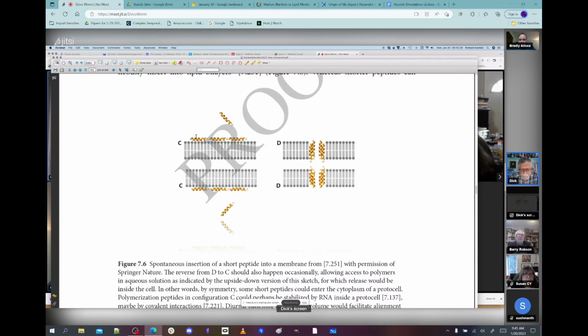And this could be made more complicated. If we actually knew the distribution of molecules, you could also say, okay, how do you make a membrane with a bunch of amphiphiles that are of different lengths? And does that cause selection for those that are the same length as the current thickness of the membrane? Okay, this model could be made much more complicated.